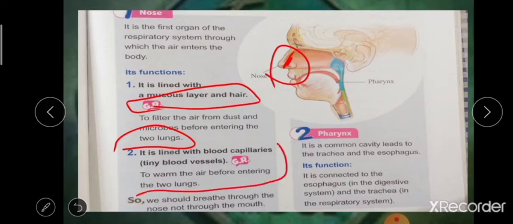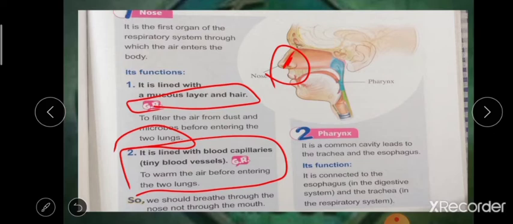Also, this is an important reason. So there are important reasons here. The nose is lined with a mucus layer and hair layer to filter air from dust and microbes. It is lined with blood capillaries to warm air before entering the lungs.